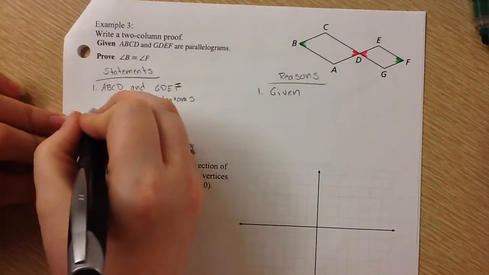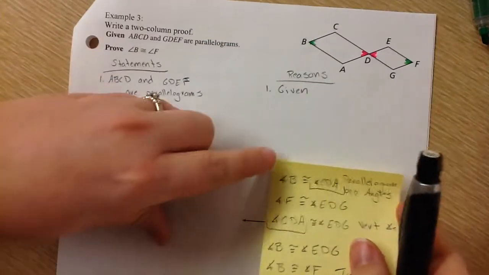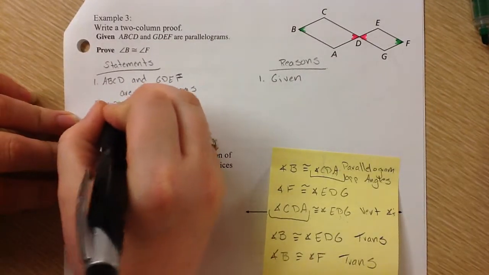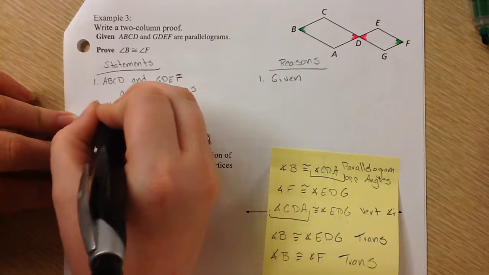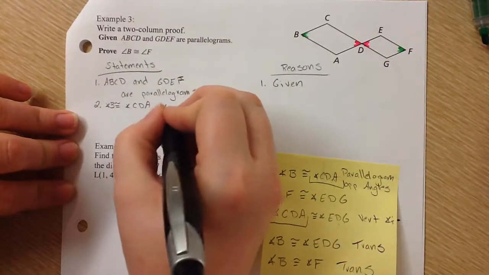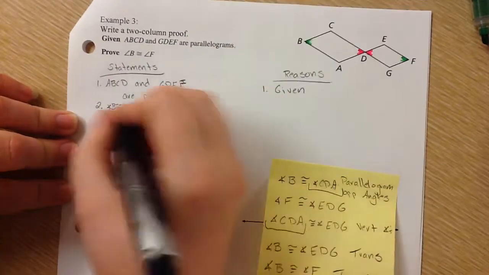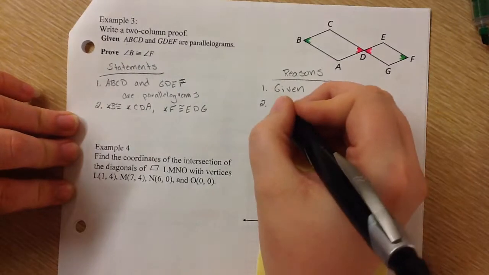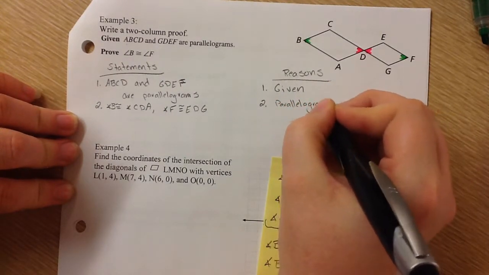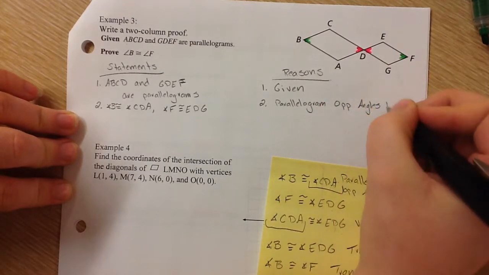Okay, so then number 2, from our plan here, angle B is congruent to angle CDA, and since it has the same reason, let's do it in one step. Angle F is congruent to angle EDG. My reason there is the parallelogram opposite angles theorem.